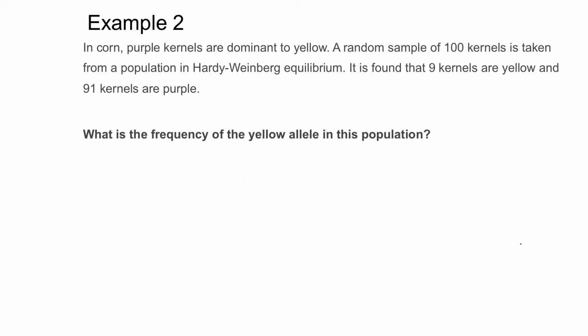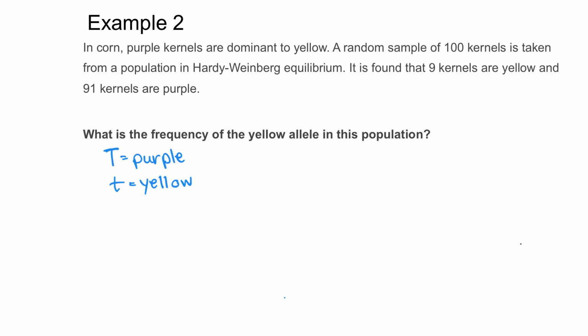Well, we know that purple kernels are dominant to yellow, so we're going to use T for the purple kernels and little t for the yellow. The only reason I'm not using capital P is because capital P is in our Hardy-Weinberg equation.